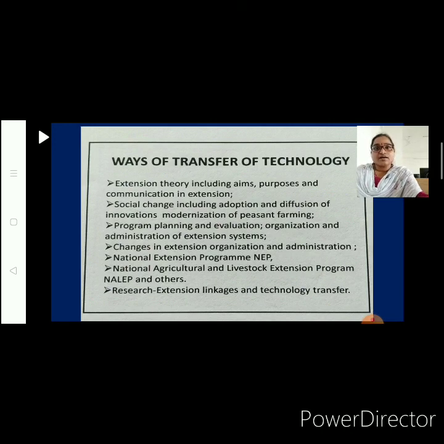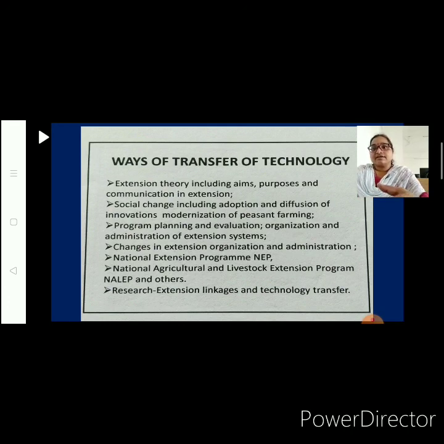The third party or other people will evaluate our program well, and true information will be given to us on whether the technology really reaches the farmer or not. So, planning is very important, and if we evaluate the program, then good technology transfer can happen in the next program also.